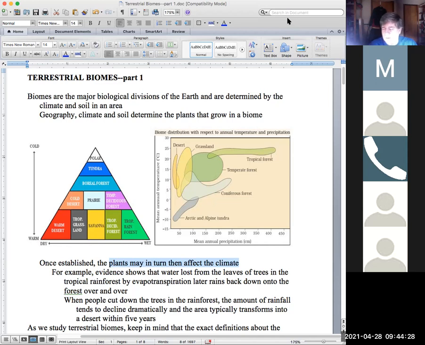Things are more variable, more complex. And remember, when we first started talking about ecology, we said the higher a level we study ecology at, the more difficult it is to get definitive answers. If we just look at populations, it's easy to find out if a population is shrinking, growing, or staying the same size, and where the population is. When we start looking at biomes, it's a little more complicated.